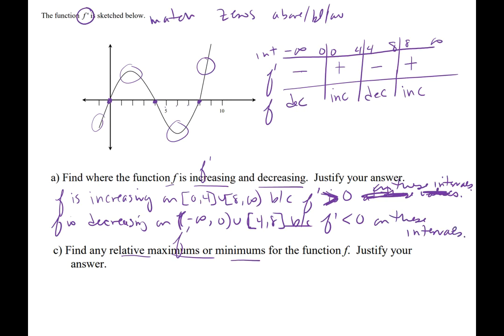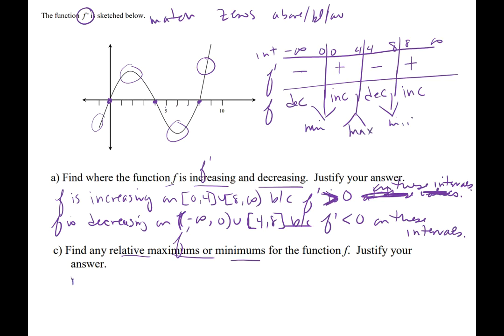All right, then we've got to find the relative maximums or minimums. So I'm going to use the same sign chart, and this is kind of where I draw some little stuff at the end. So I'm going decreasing to increasing, increasing to decreasing, decreasing to increasing. So you can see these low points, those are your mins, and this high point is the max.